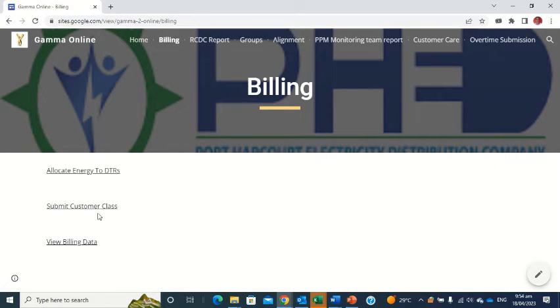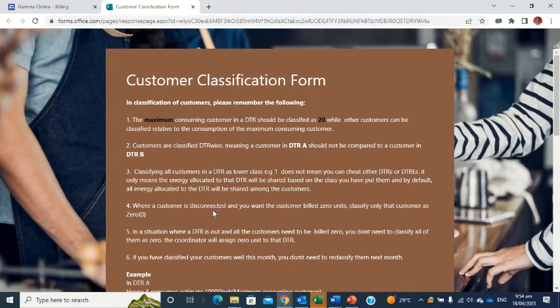So now let's look at customer classification. You click on customer classification. I want to take time to explain what this actually means so that you understand what customer classification is. The idea of customer classification is for us to be able to rank our customers per DTRO. Each month, there's always a customer that consumes the most compared to every other customer in a DTRO.